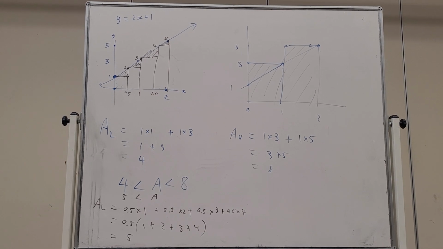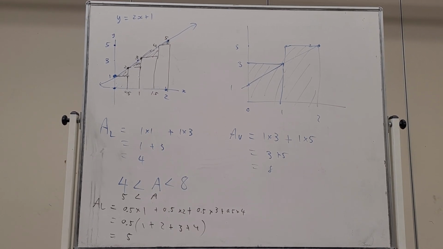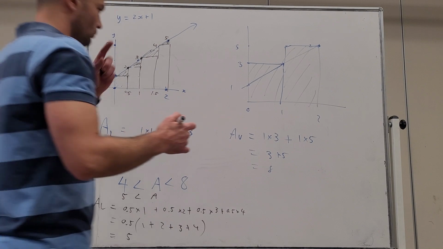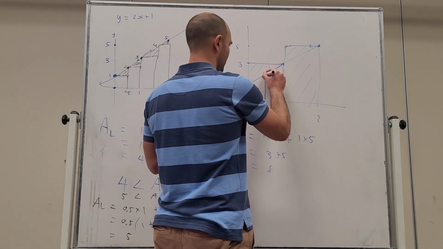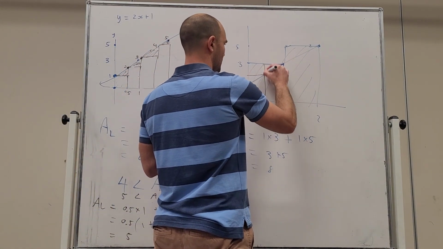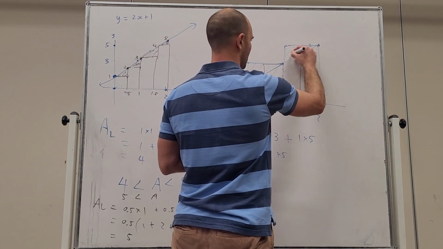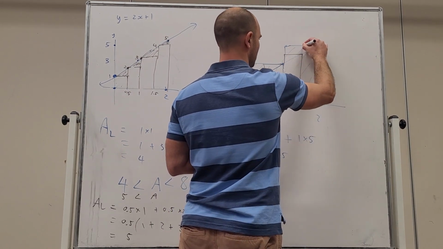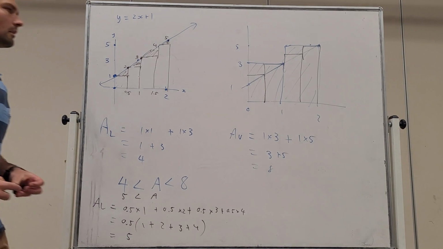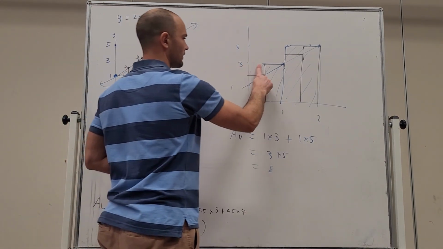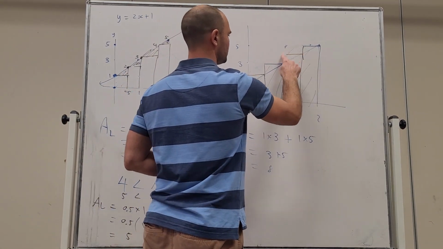Let's get the upper estimate using the same technique. I'm going to draw these rectangles on here. We'll have that one, that one, that one, and that one. Maybe I'll get rid of these ones so we don't have to look at them.